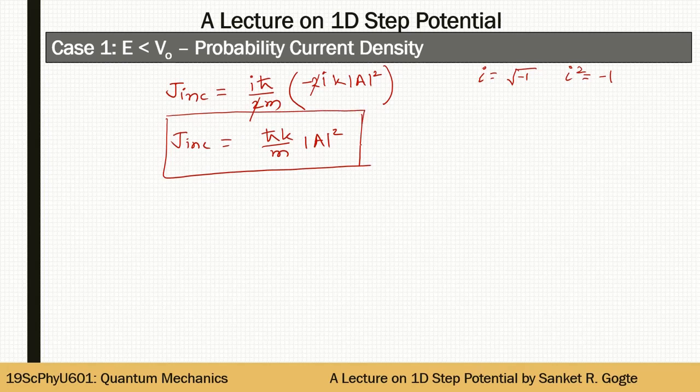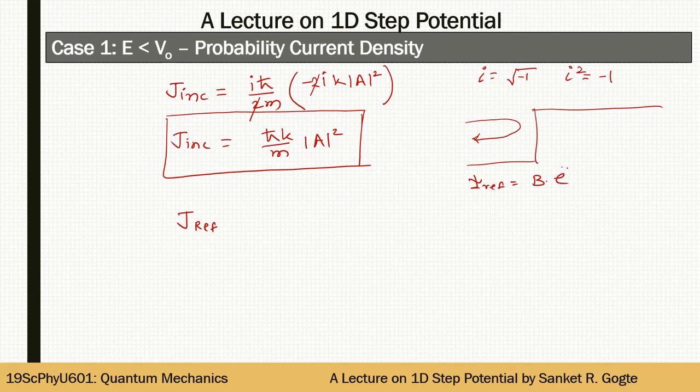Similarly, if you calculate J reflection, which is to do with the wave function which is reflected from the boundary of this step, and this psi 2 or psi reflection, remember, is b into e to the power minus i kx.